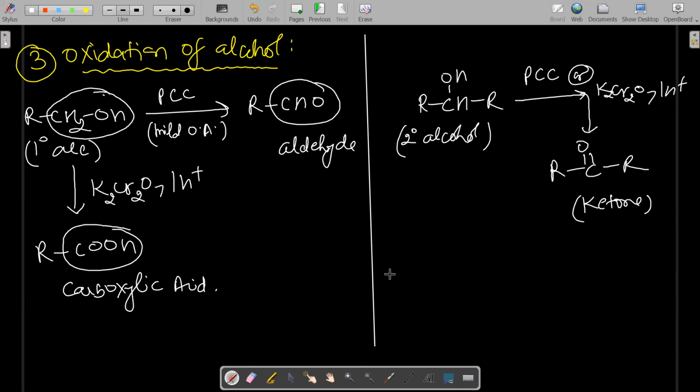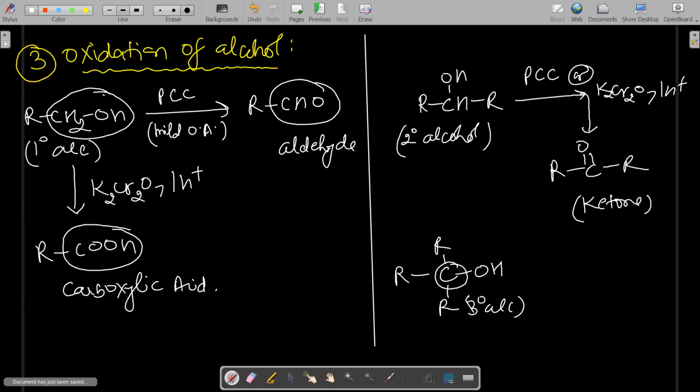Okay. And what about tertiary alcohol? Ma'am, they do not oxidize because they lack oxidizable alpha atom. Okay. So tertiary alcohol, all of you know, there is no alpha hydrogen, sorry, no hydrogen at this carbon in case of tertiary alcohol.